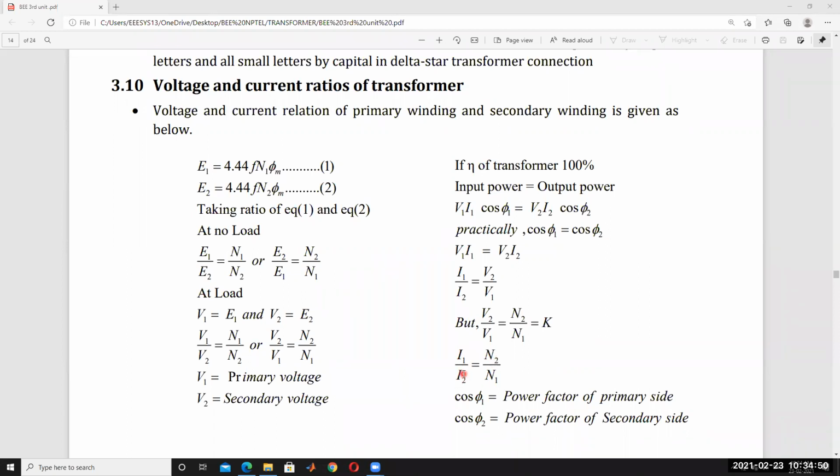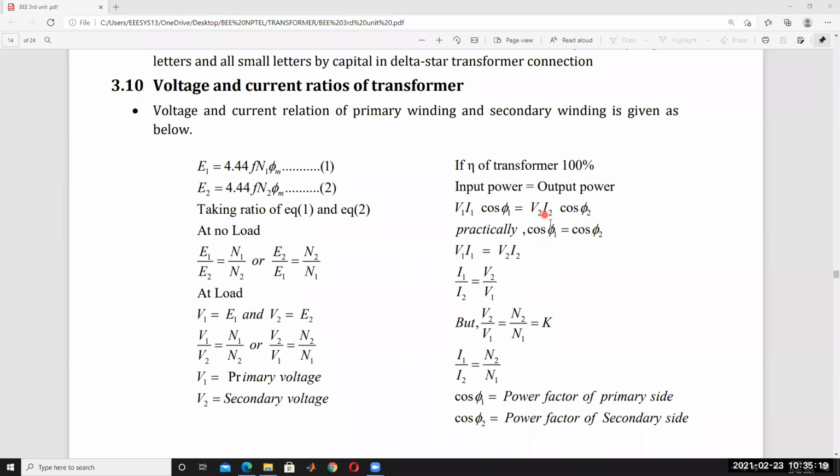That means the current and voltage adjust themselves. That's why the power on the input side and output side is constant: the product V1 I1 and V2 I2 is always constant. Even if you change the voltage level, if you increase the voltage on the input side, current I1 decreases. If you increase the voltage on the secondary side, current I2 decreases.